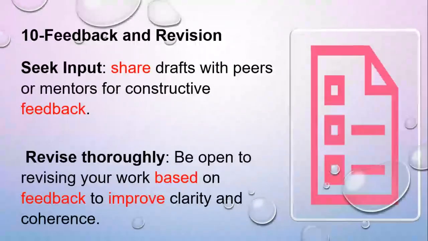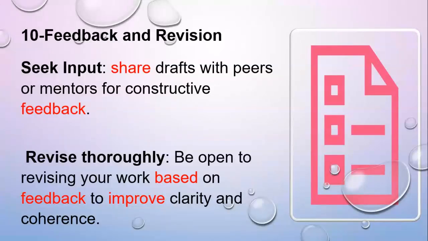Another important point you need to consider in your review is getting feedback and revision. So we have to seek input. We need to share our work, our review, or the draft with peers, mentors, supervisors, whoever is engaged in research, and we get constructive feedback, right? We will use this constructive feedback for the purpose of revision.